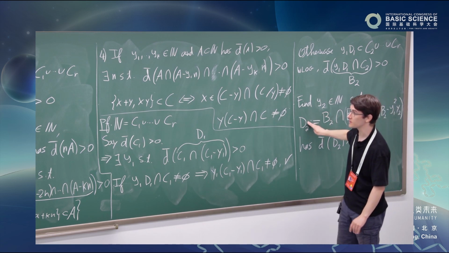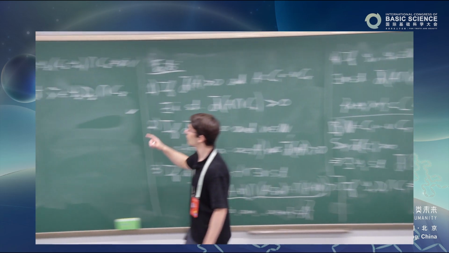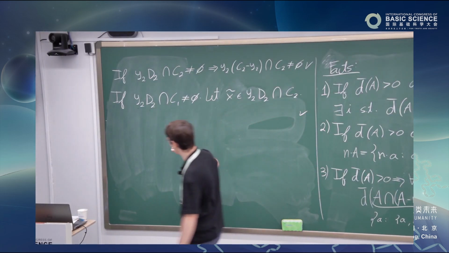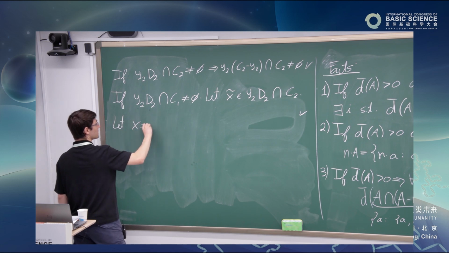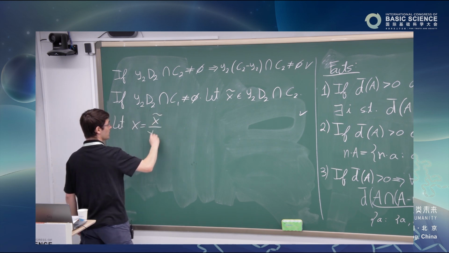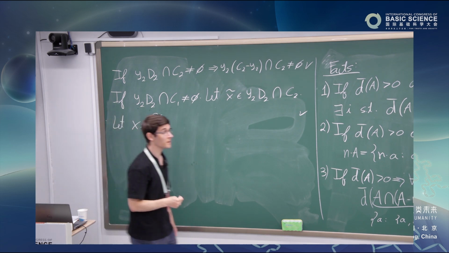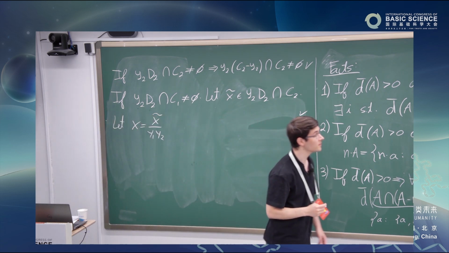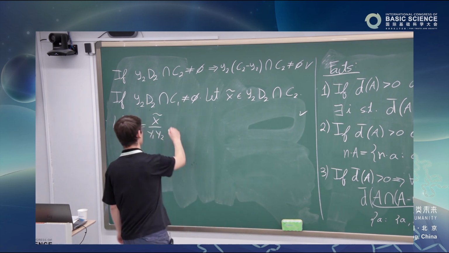So every element of D2 is a multiple of y1, and x tilde is in y2 times B2. So I can divide x tilde by y1 times y2. This is a natural number. And in fact, if we track down what happened, all I care about is that this natural number is in C1.